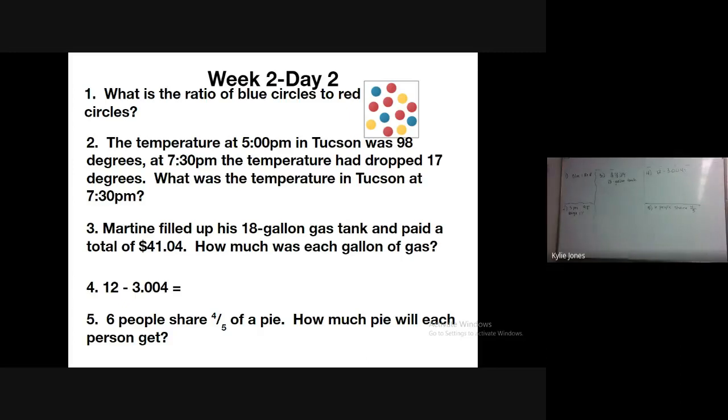Number what? Number 2? 3. Yeah, you should divide that. Wow, really? This many people?